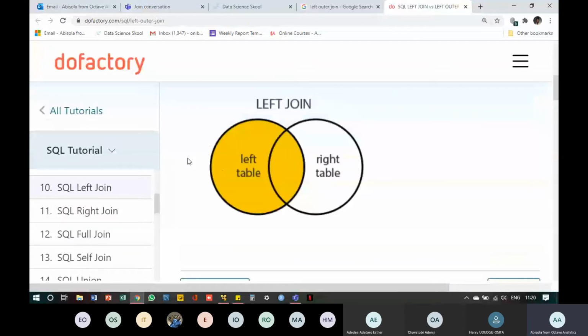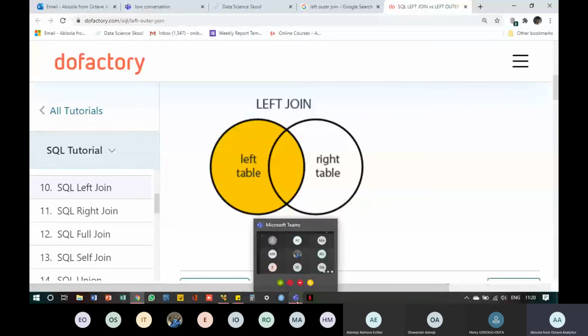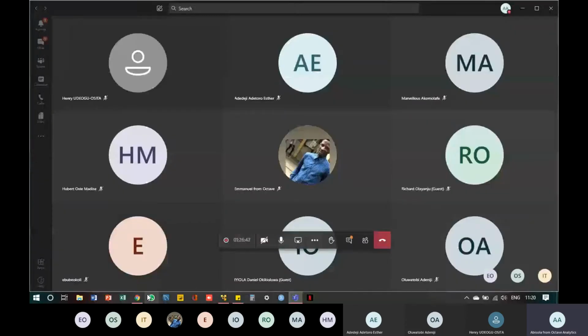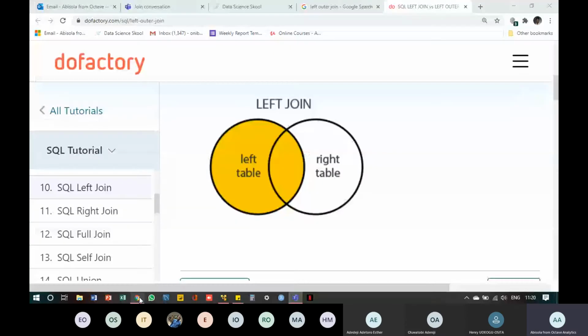So this is a left table and this is a right table. It's taking everything in the left table and only those in the right table that are common to the left table. So I hope this is very clear. If you have any questions, please speak up. Please speak up if you have any questions on this particular left join that I just explained. If you have any questions, let me know because I'm moving on.